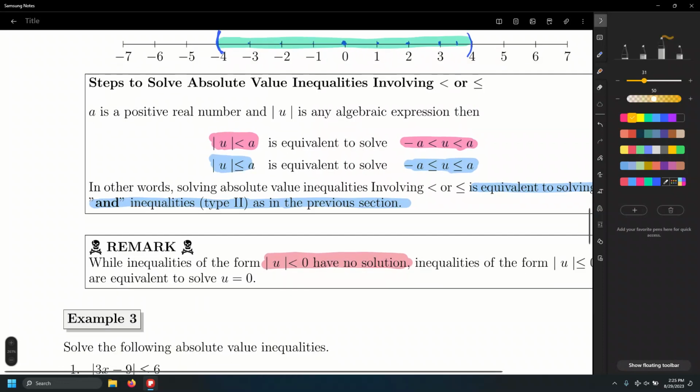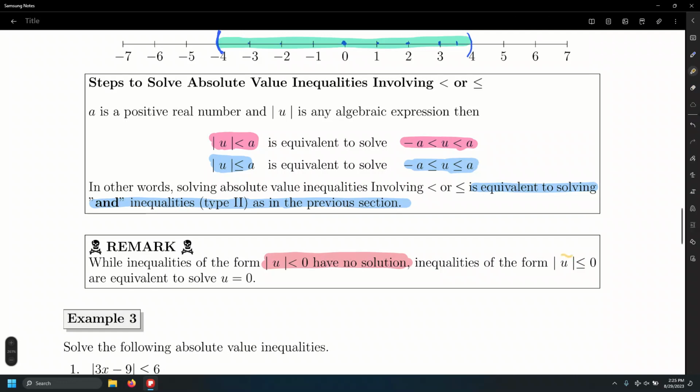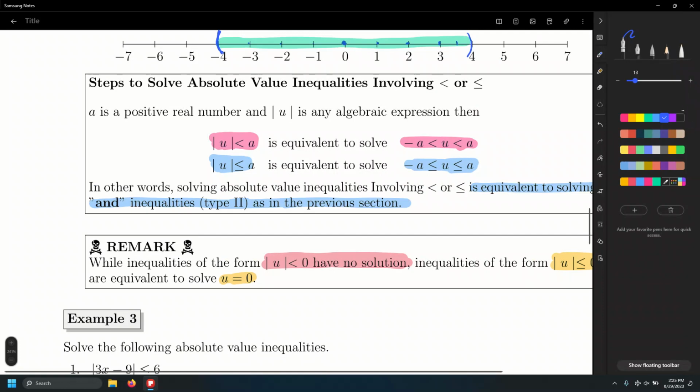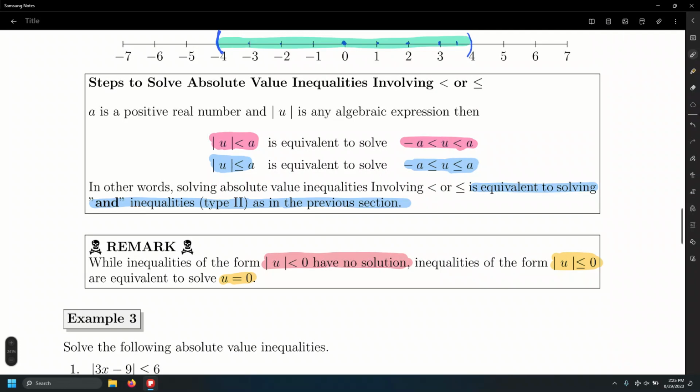However, be careful with the other case, the one that has the less than or equal, and that is equivalent to just solving u equals 0. Let's break this down and explain why. Whenever we have the absolute value of u less than or equal to 0, this means two things.